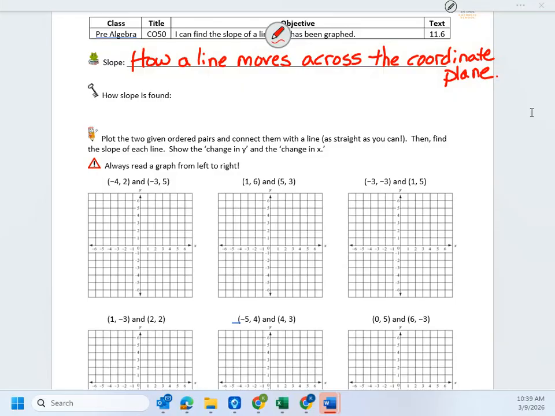So first, we're going to talk about the vertical change over the horizontal change. Vertical means the up and down. Horizontal means going across. When you look at the horizon, you're looking at it going across the land.